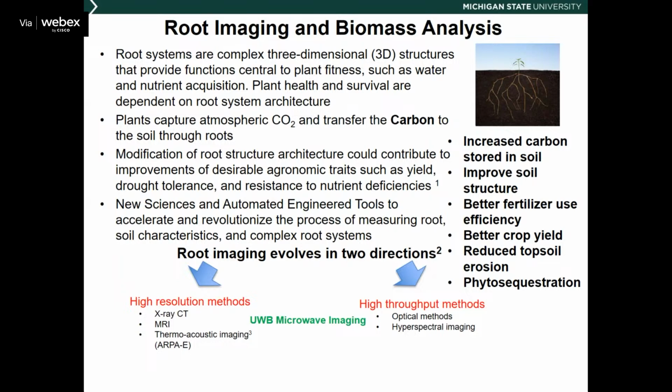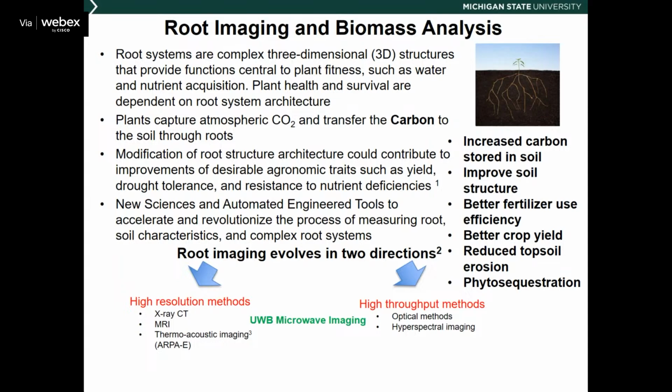So by doing a better job of root imaging, you can help to get increased carbon stored in soil, improve soil structure, better fertilizer use efficiency, better crop yield, reduce topsoil erosion, and also for phytosequestration by better understanding the root systems.